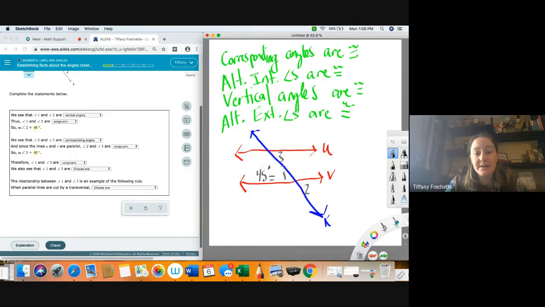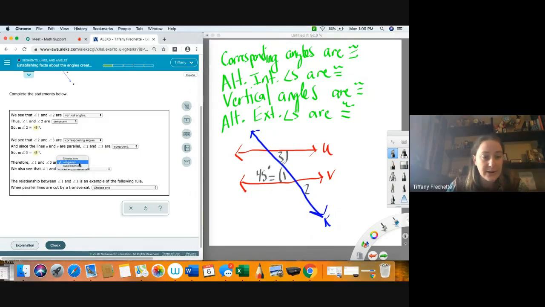And then 1 is on the left side of the blue line. 3 is on the right side. So if I go from the right side to the left side and I slide up, remember it's not the one directly across. I have to slide up to this one. That makes it alternate interior angles.